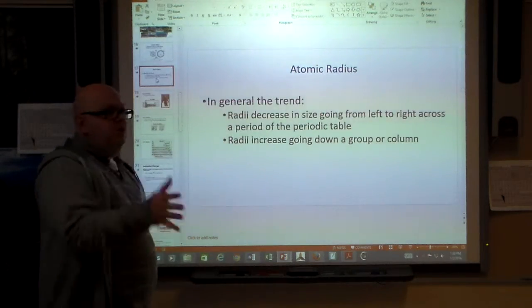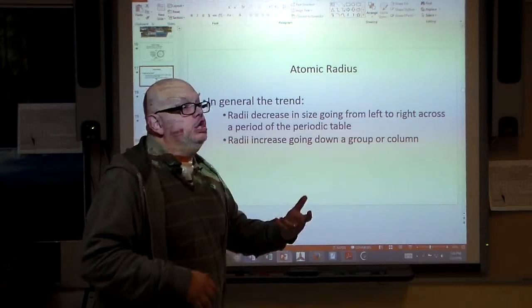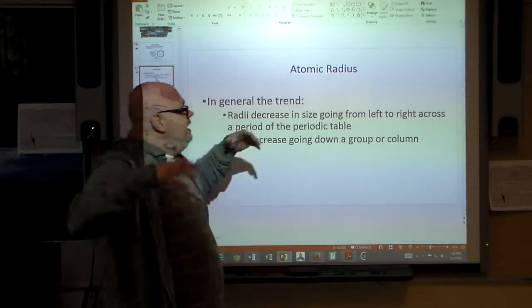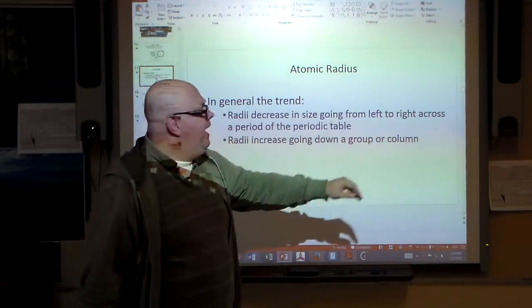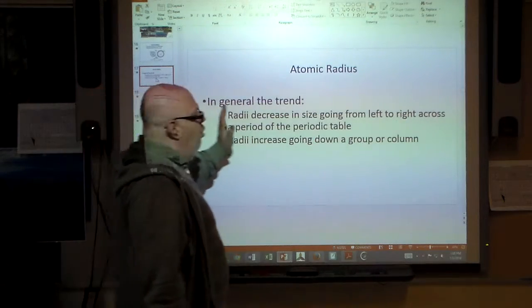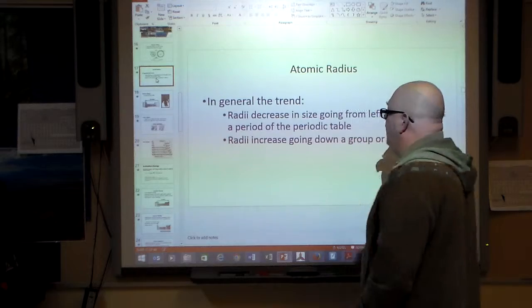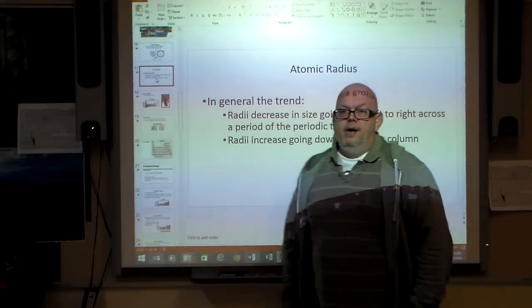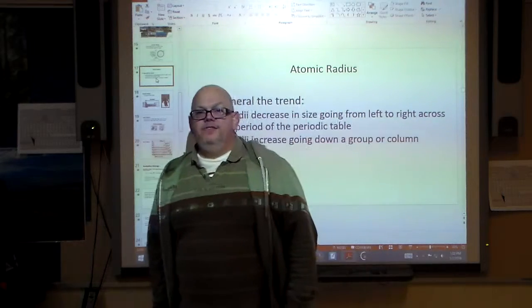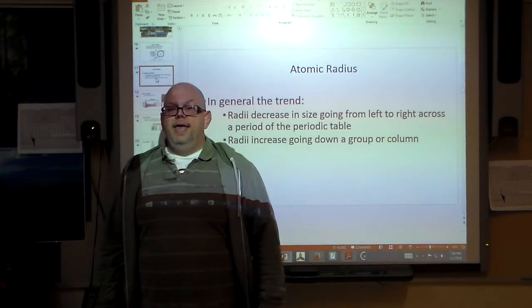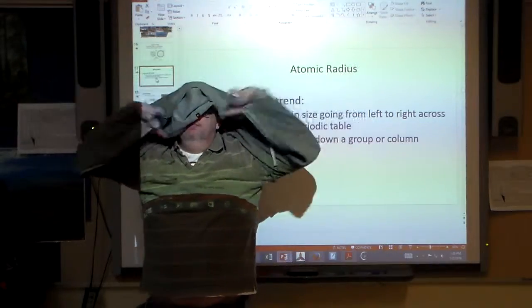So then generally speaking, the trend for the radii, there is no such word as radiuses, okay? It actually gets smaller if you're going from the left to the right across a period, a row of the periodic table. So in other words, if I start on your left here, I am this big.